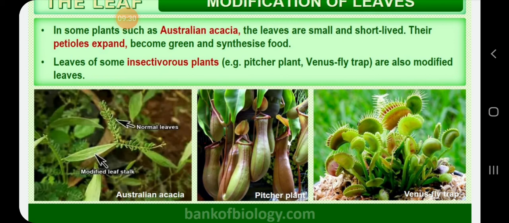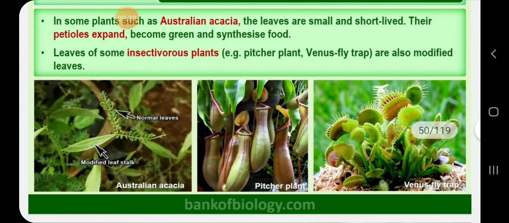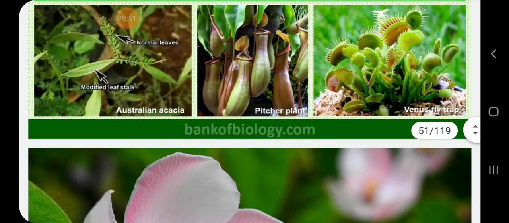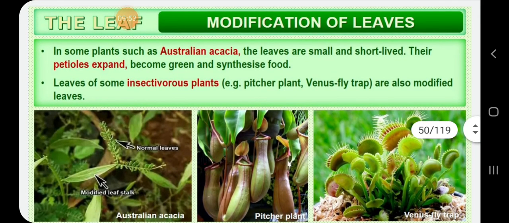And insectivorous plants, for example pitcher plant and Venus flytrap, also have modified leaves. These traps which are formed are modified leaves to trap the insect to fulfill their nitrogen requirement. Now this is all about the modifications in leaf.